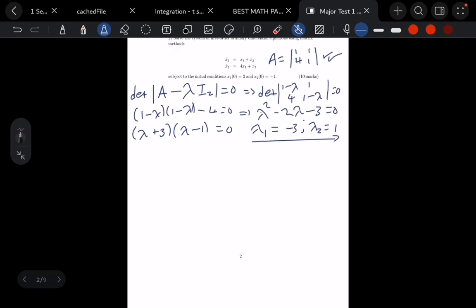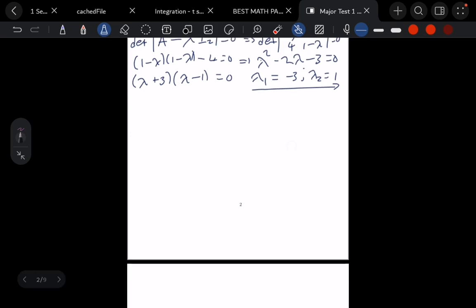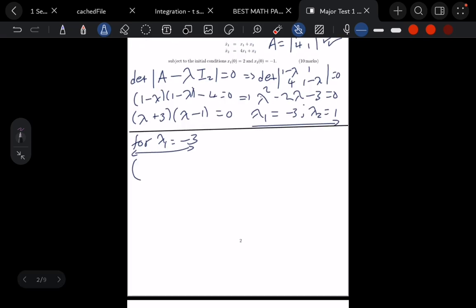What we are going to do next is find the eigenvectors of each of these lambdas. I'm done with the first step, find the eigenvalues. The second step here is to find the eigenvectors. So for lambda 1, which is negative 3, what are the eigenvectors of this? I'm going to take this negative 3 and substitute it back there.